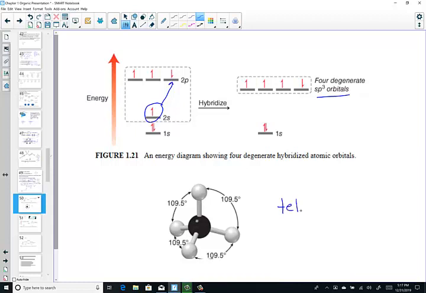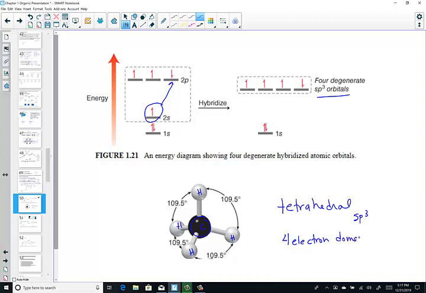These are all tetrahedral in molecular geometry. We have a central atom carbon, 4 hydrogens attached, and the molecular geometry here for an sp3 hybridized orbital is called tetrahedral. There are 4 electron domains.